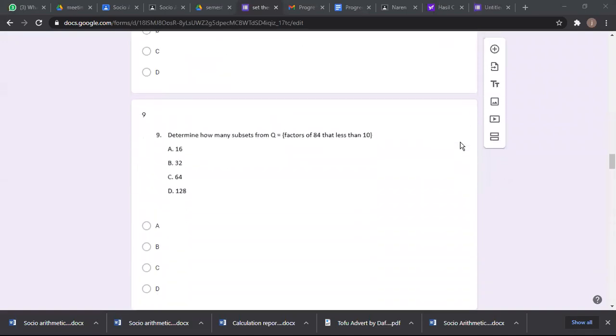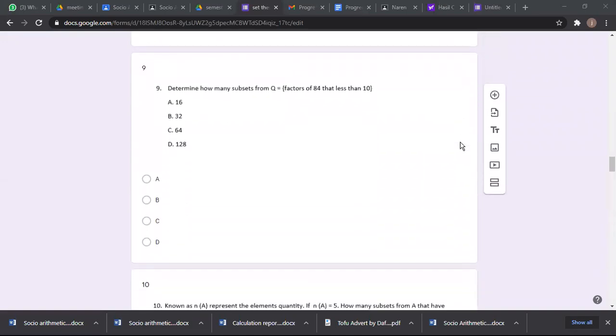Next, we move to number 9, about how many subsets. If we have a set Q, we can determine how many subsets it has from how many elements are in that set. So here, the factors of 84 less than 10.